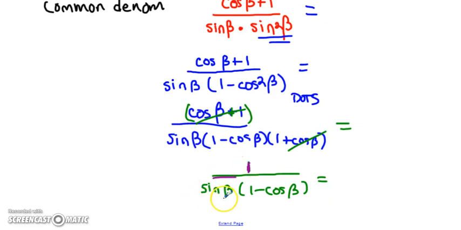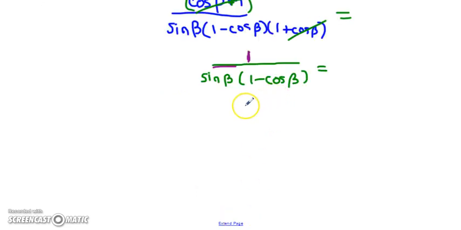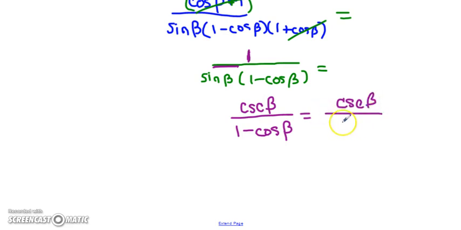Look at your identity sheet. That's cosecant, right? In the numerator. 1 minus cosine. So that may seem a little weird, but this 1 over sine is cosecant over 1. So I can rewrite that. And that has gotten me to my goal.